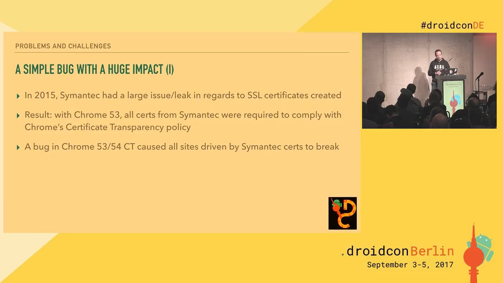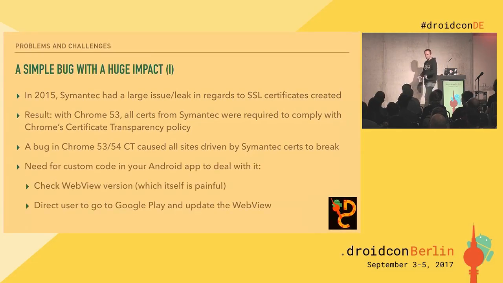But what started to happen then is every Webview-based app where the users had Chrome 53, 54, started getting error messages saying your cert is broken, on every single tab or page request. And the only way to fix that is basically to write Android code to check the Webview version, and then tell the user to go to Google Play and please, for the love of God, update their Webview.